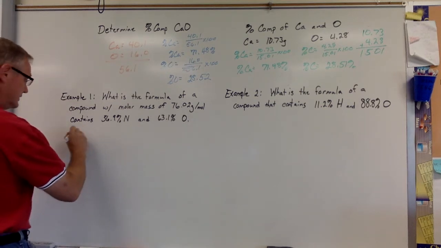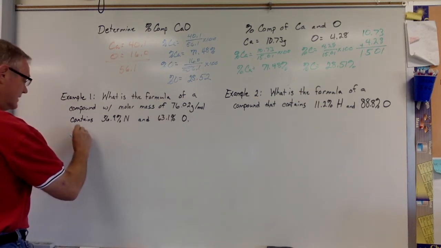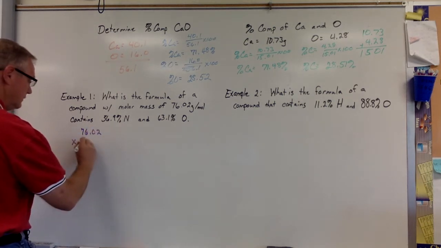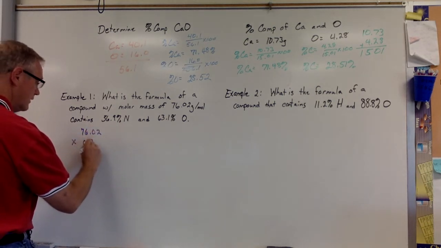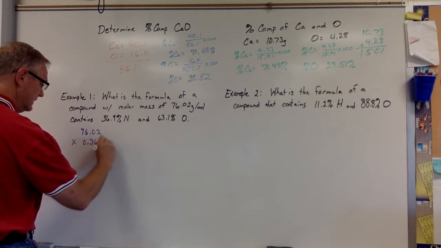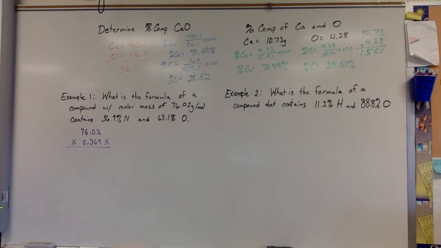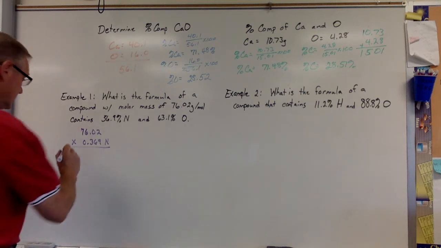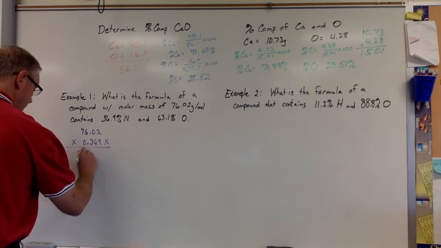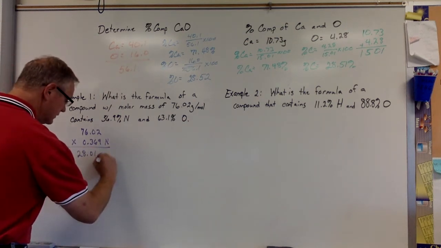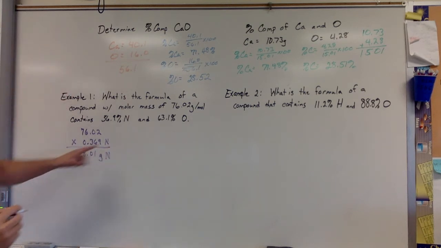All I have to do is say 76.02 multiplied by 36.9%, and this is going to be my nitrogen. When I do this, I'm going to get 28.01. So that's how many grams of nitrogen I get out of the 76.